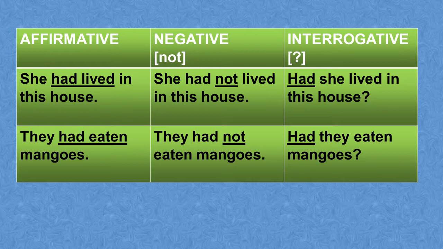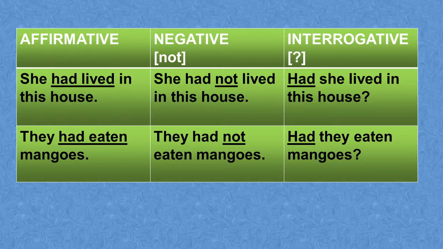Let's take a look at past perfect tense in affirmative, negative, and interrogative sentences. First, affirmative sentences. Example, she had lived in this house.